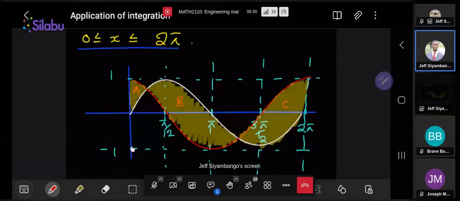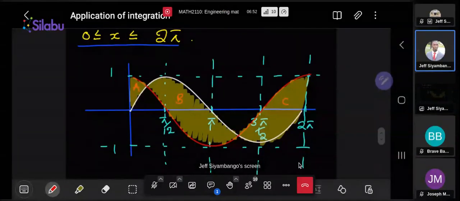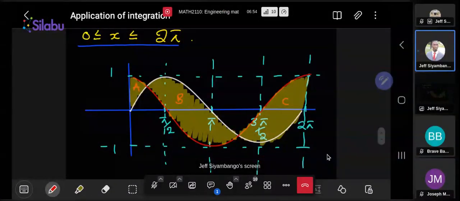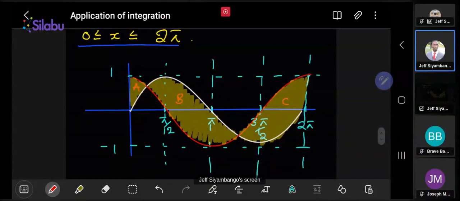B. Yes, B is what we are looking for. Now, why not A? Why not C? What's wrong with those two sections?